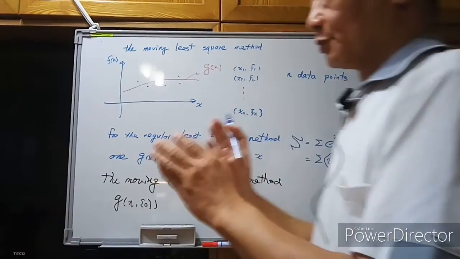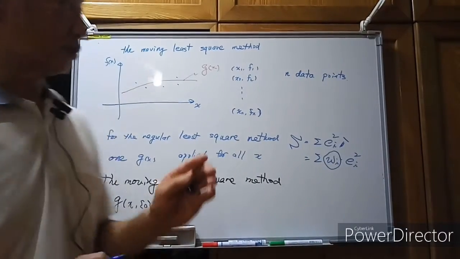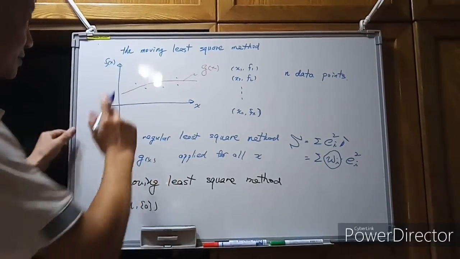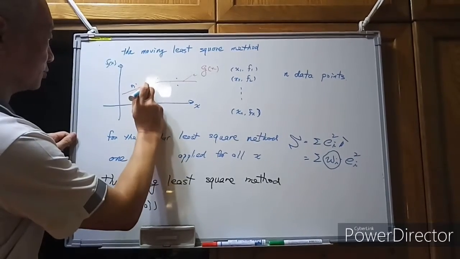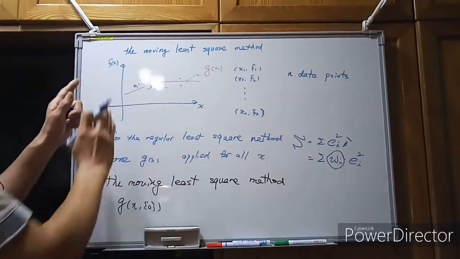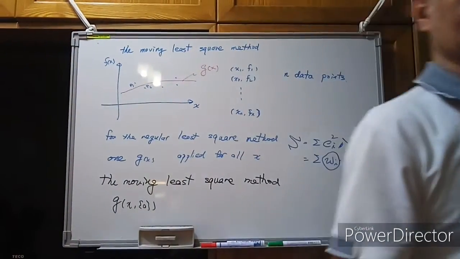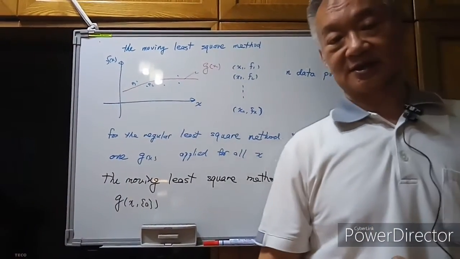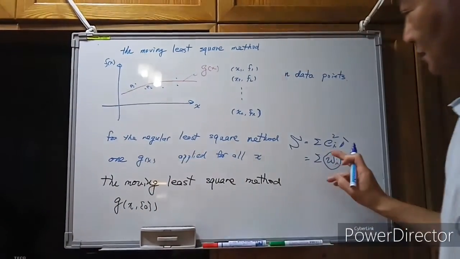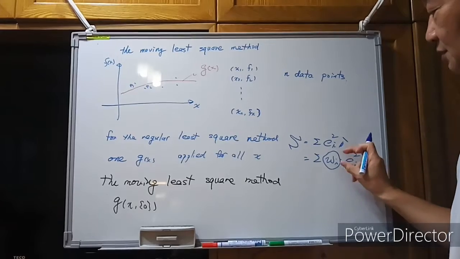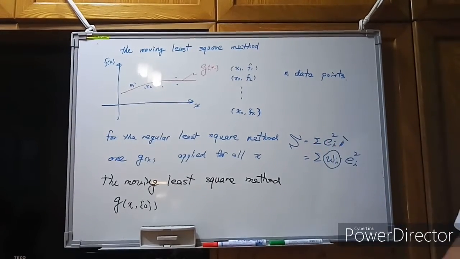So we put equal weight on different data points. That's the E1, that's the E2. All the data points get the same amount of weight, always equal to 1.